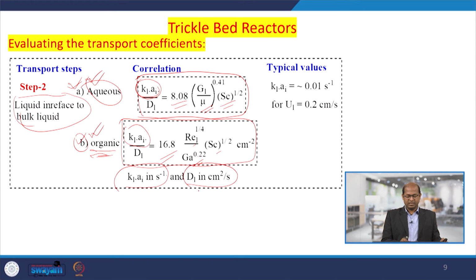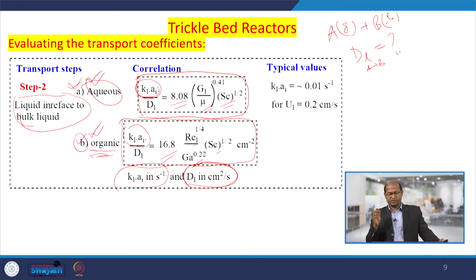Here DL, that is the diffusivity, means component A diffusing in component B, component A is the gas and component B is the liquid. So, A is diffusing in liquids. So, this diffusivity we can find out, since component A and component B are there, that is in liquids. So, this DL value for component A is the diffusivity that we should know for that particular system, that we have to substitute here.